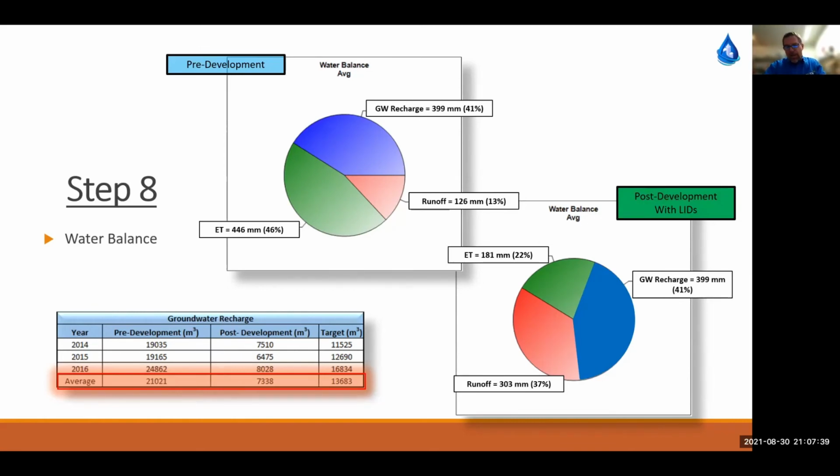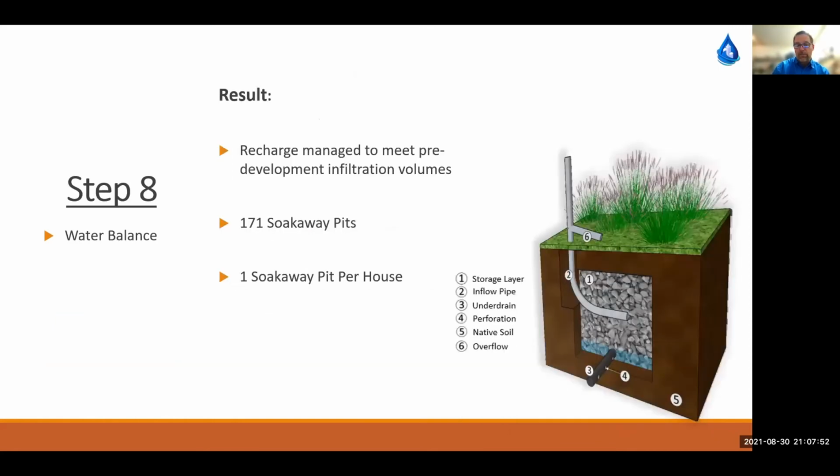Again, the excess runoff will likely cause either flooding or erosion problems downstream, which will bring us to the next analysis step. But before we get there, I just want to illustrate the type of soakaway pit proposed in this site. It is a fairly well accepted method of control.